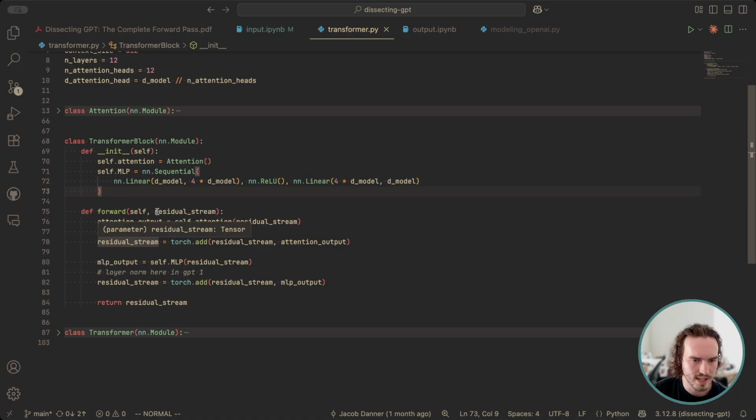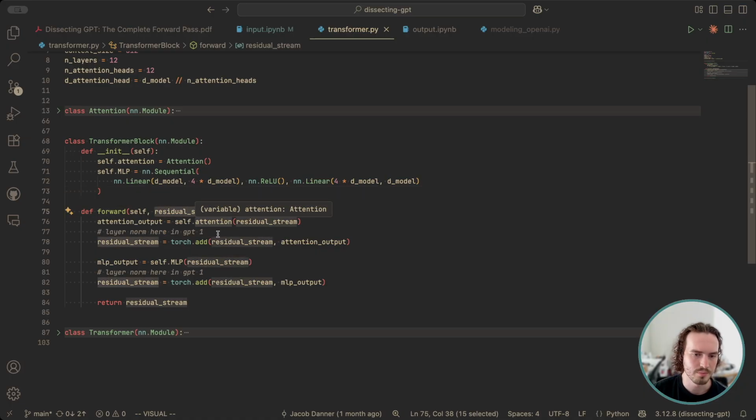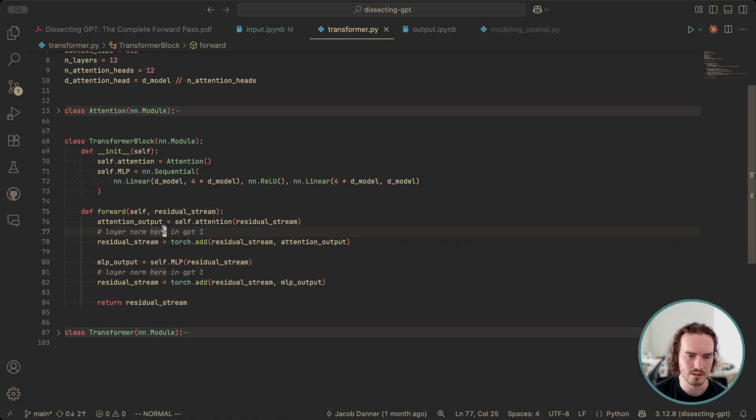It's going to take in the residual stream. For instance, our first transformer block is going to take in hidden state 0. Then we're going to get the attention output by running our self.attention on our residual stream. Then we're going to add the residual stream and the attention output, and consider that the new residual stream.